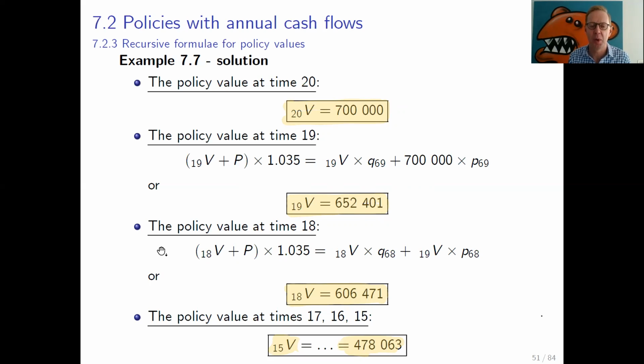We write down the recursion between the policy value at time 18 and the policy value at time 19, and then we can solve for V18. And we can do this for the different times, V17, 16, and 15, and in the end, we can calculate the policy value at age 15.